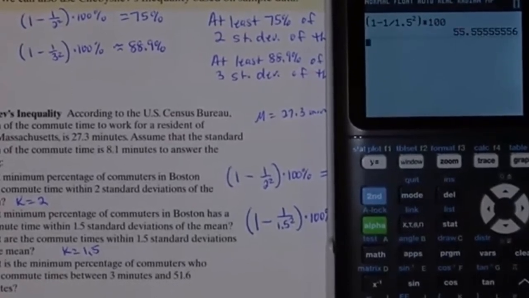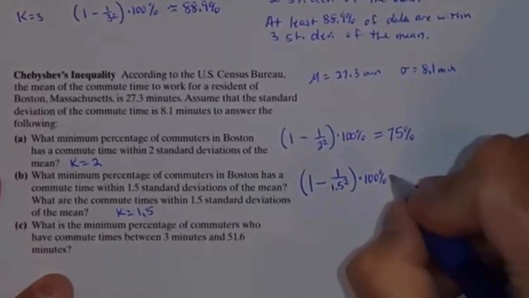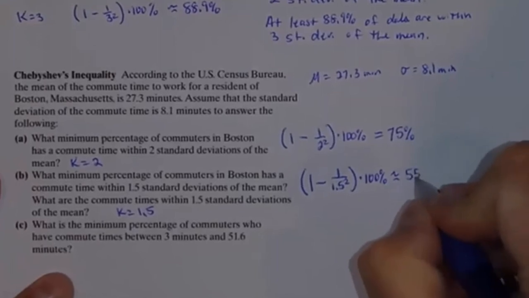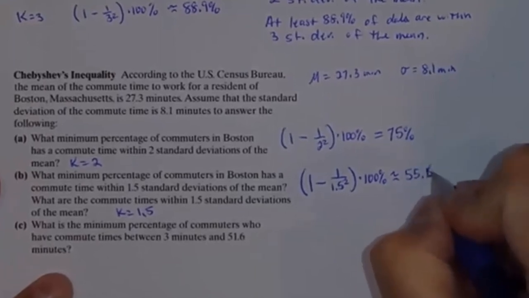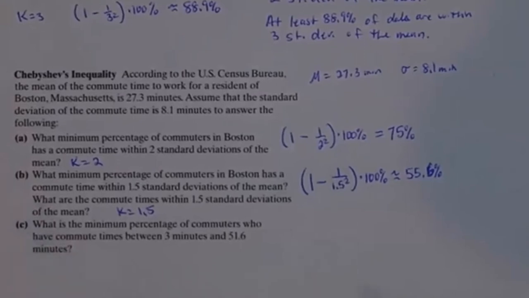That is equal to 55.6 approximately. So at minimum, 55.6% of commuters in Boston have commute times within 1.5 standard deviations of the mean.